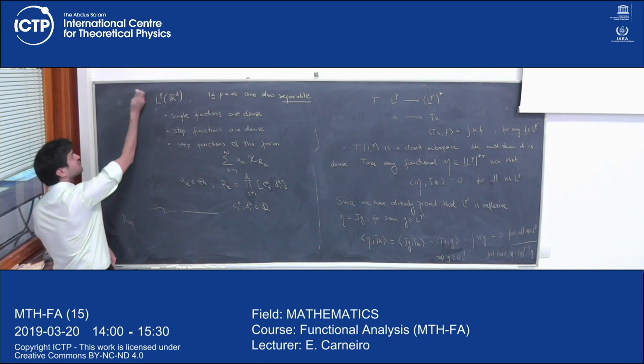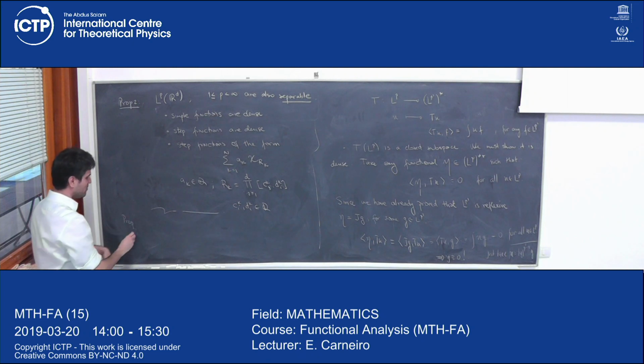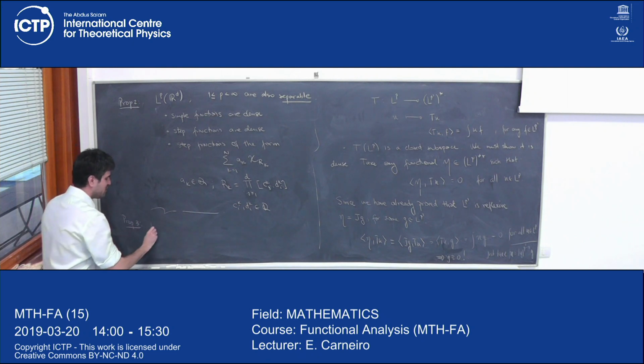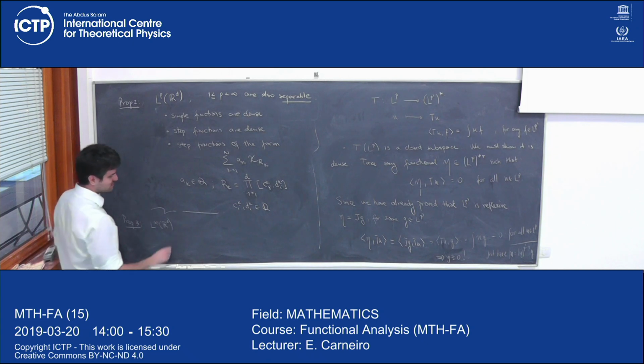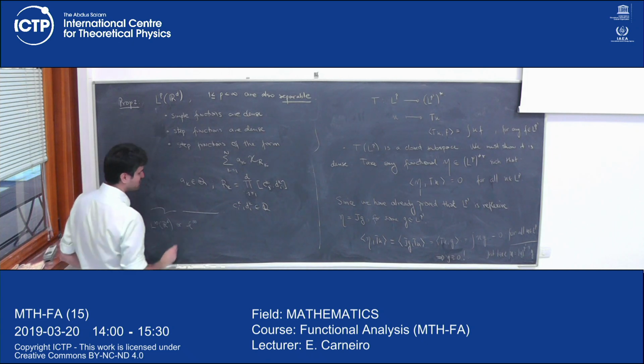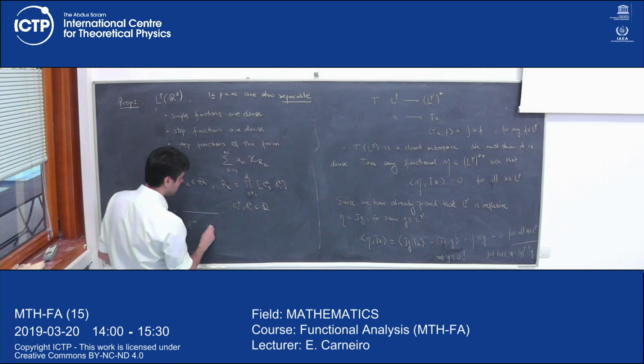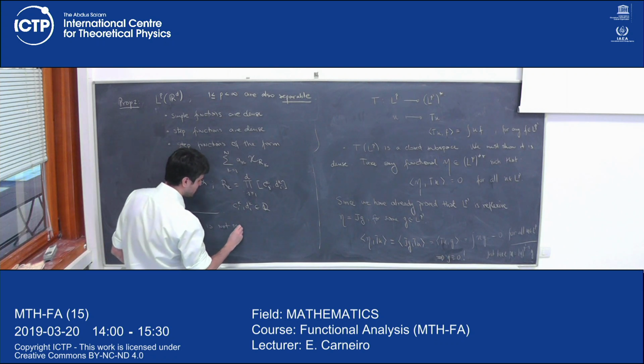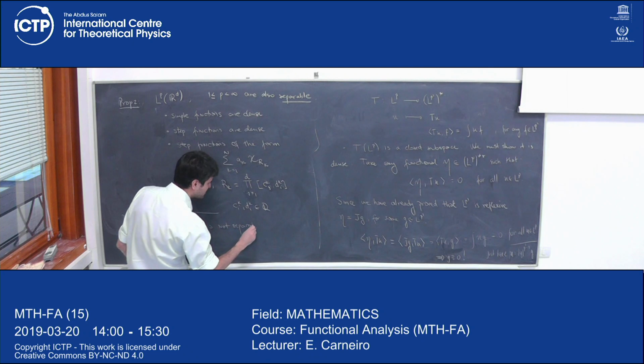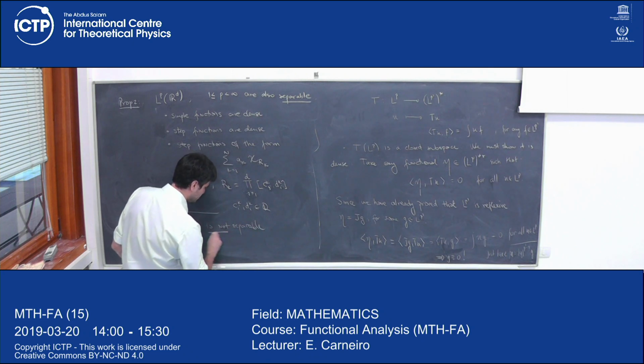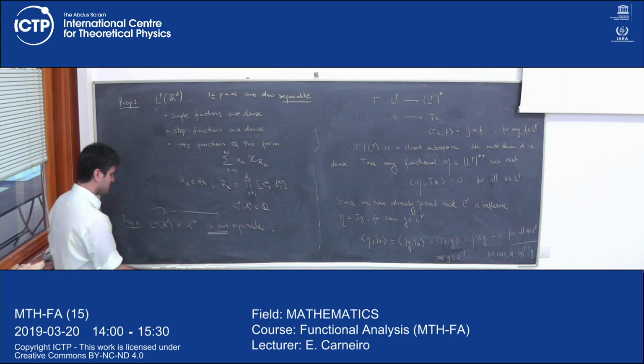Let's call this Proposition 2. These spaces are separable. Proposition 3: L infinity of, say, RD, or if you want the space little L infinity of sequences, is not separable. So let's do this.